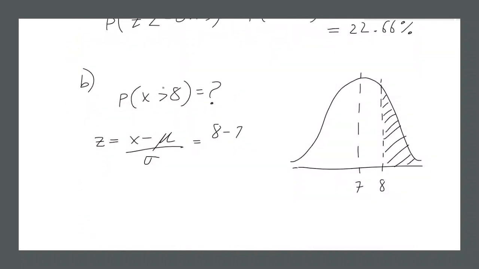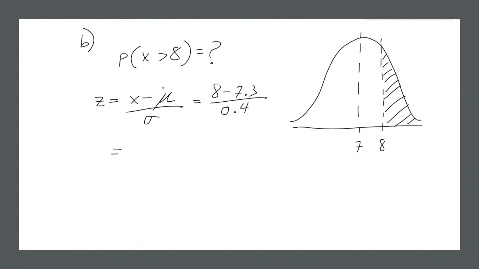So that's 0.7 divided by 0.4, which is going to be 1.75. So on the z scale, that is a 1.75, and we want to find the probability of being above that.